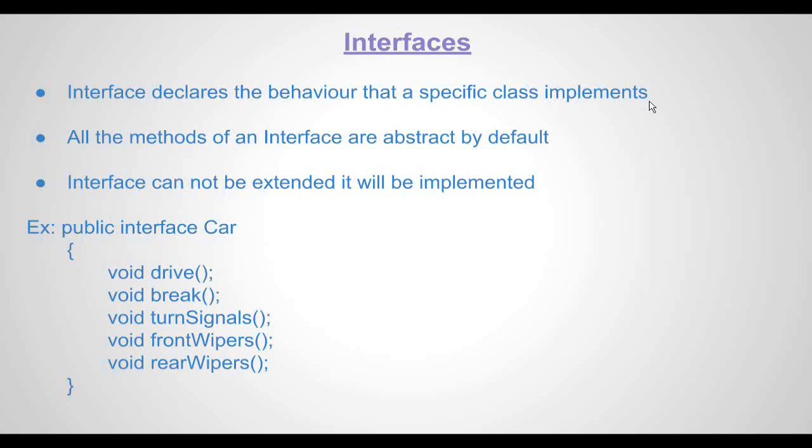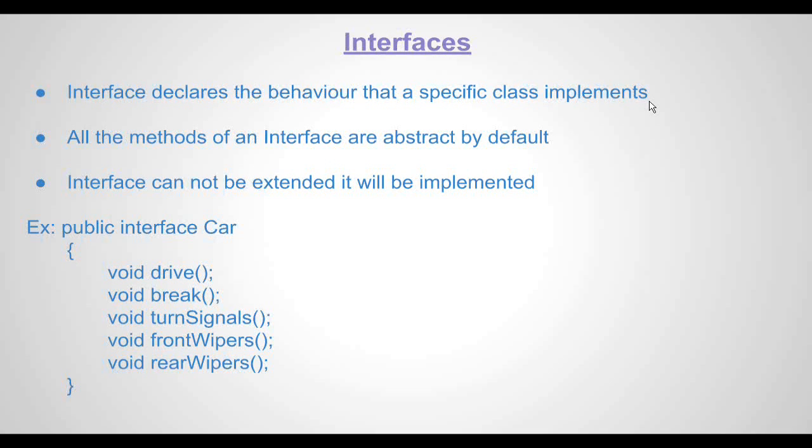All the methods in the interface are abstract by default. So whichever class is implementing this interface has to provide the implementation for all the methods that are defined in the interface.